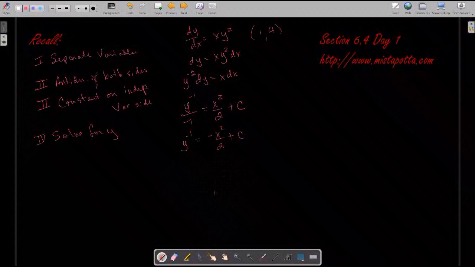So I'm just going to continue to put plus c until we actually determine the value. And then I'm going to take the reciprocal of both sides to get y by itself, to get rid of this negative 1 exponent. So taking the reciprocal, it's going to be 1 over this expression, negative x squared over 2 plus a constant.